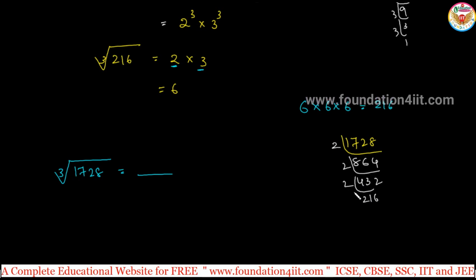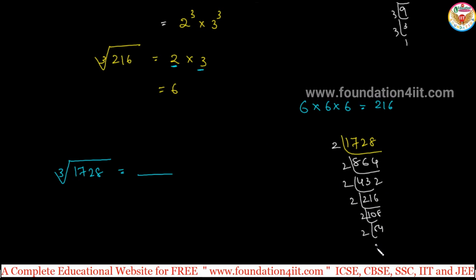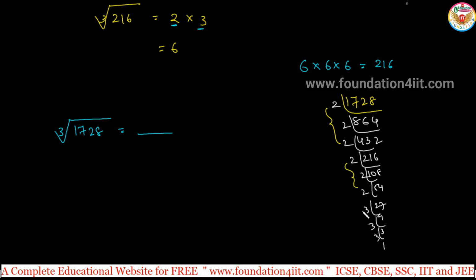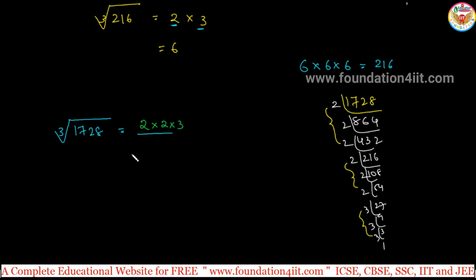Again continuation, right? 216 we just did, so you can continue the same method: 108, 54, 27. Now again 3 into 9 is 27, 3 3s are 9, 3 1s are 3. Finally, for every group of three, these 2 3s, these 3 2s, these 3 3s, you can take 1. That is 2 into 2 into 3. For every 3 numbers you take 1. That is the direct answer. 2 2s are 4, 4 3s are 12. So the cube root of 1728 is 12.